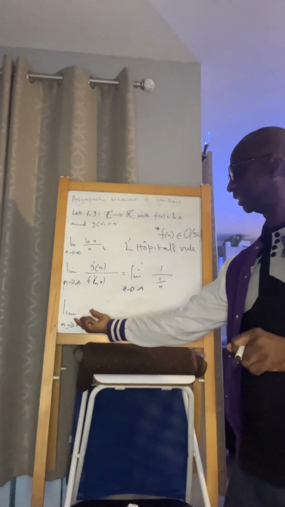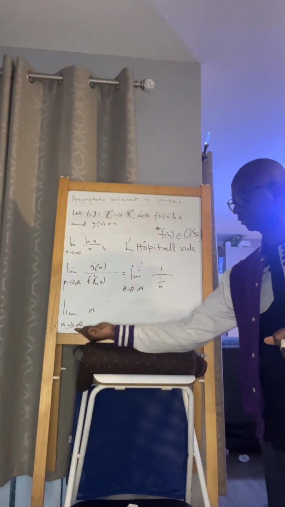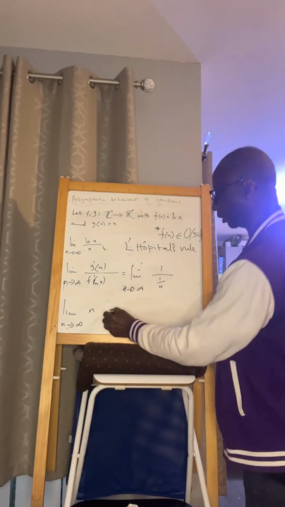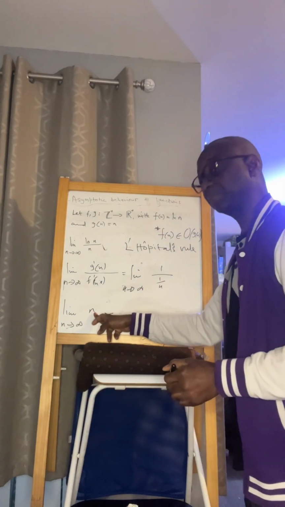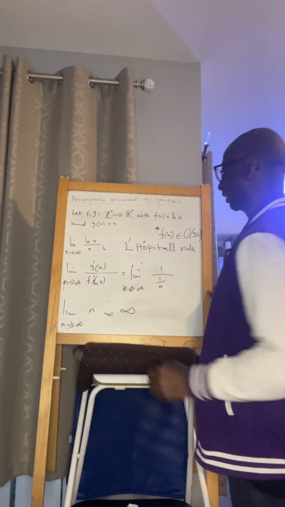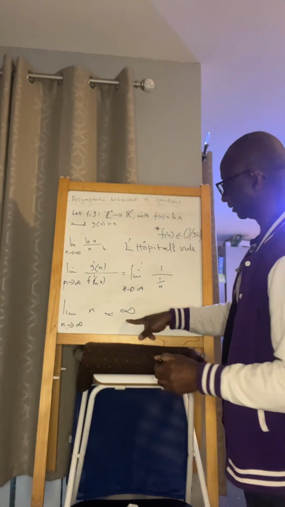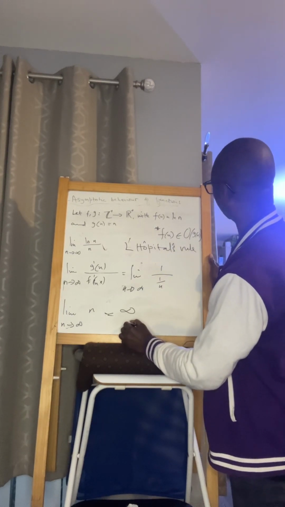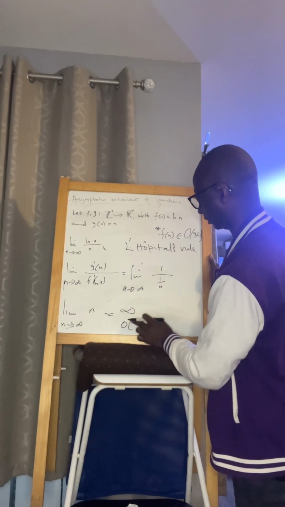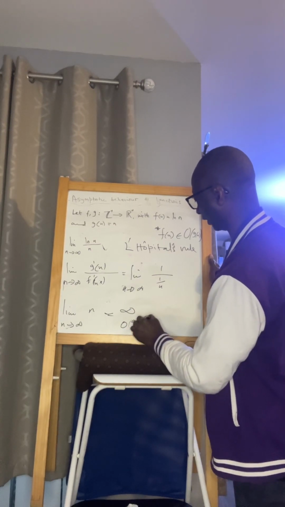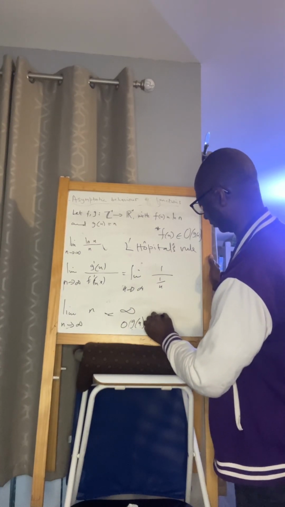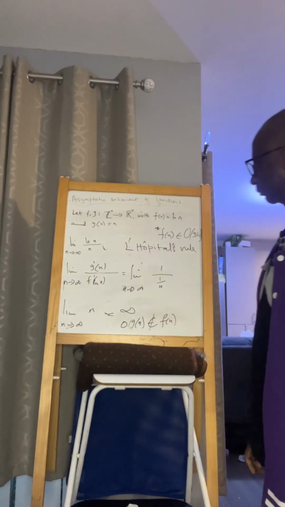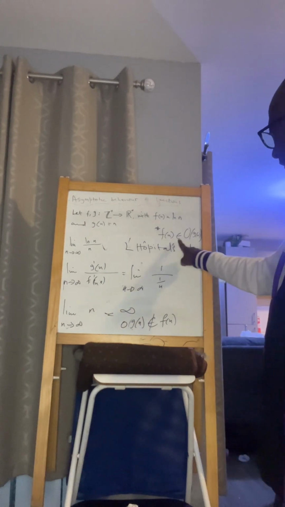So what happens when this n goes to infinity? When it keeps getting bigger and bigger, this n will get bigger and bigger and go to infinity. If that be the case, then big O g of n is not f of n. See now?